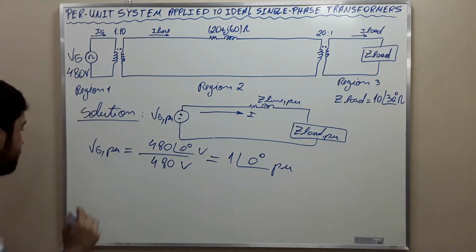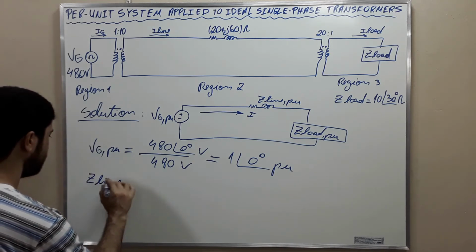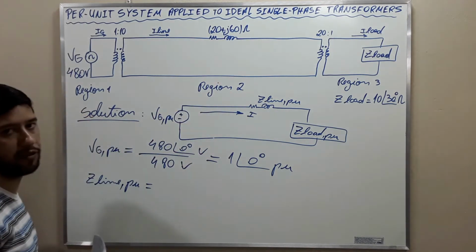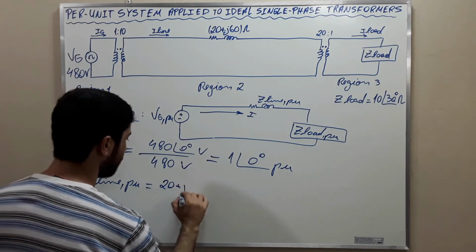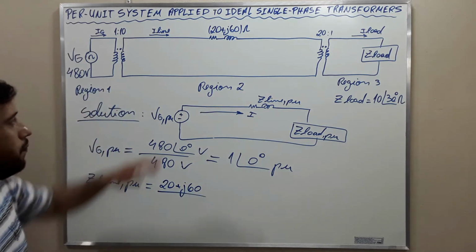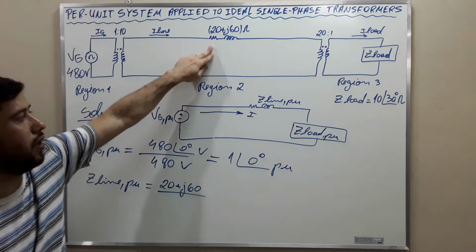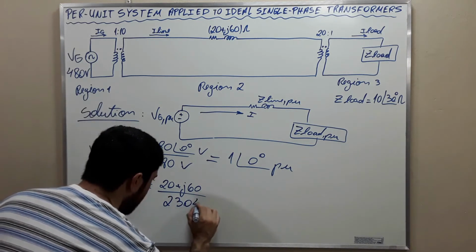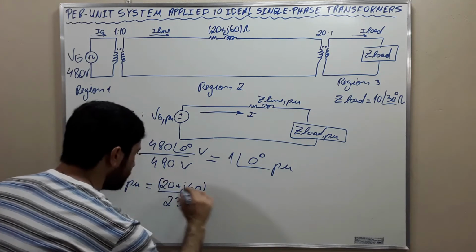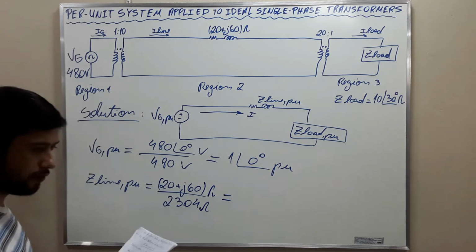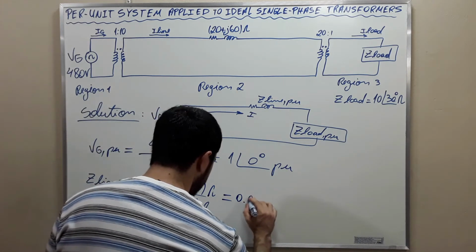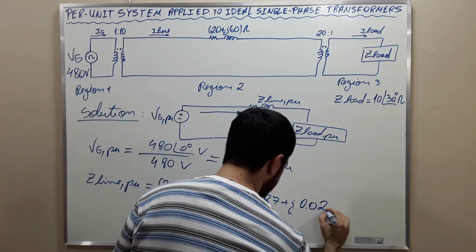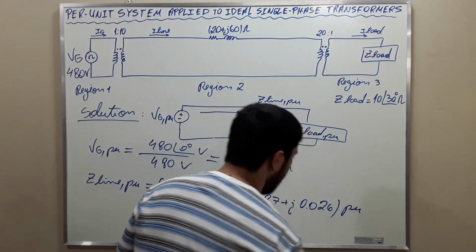Now the impedance of the line will be equal to this value here, 20 plus J60, divided by the base value for the impedance of region 2, which is 2304, and then we find 0.0087 plus J0.026 per unit.